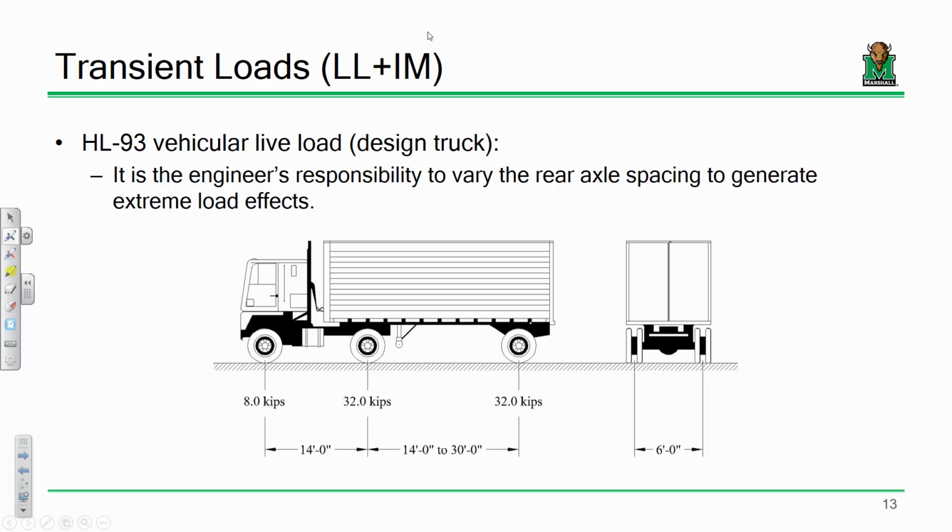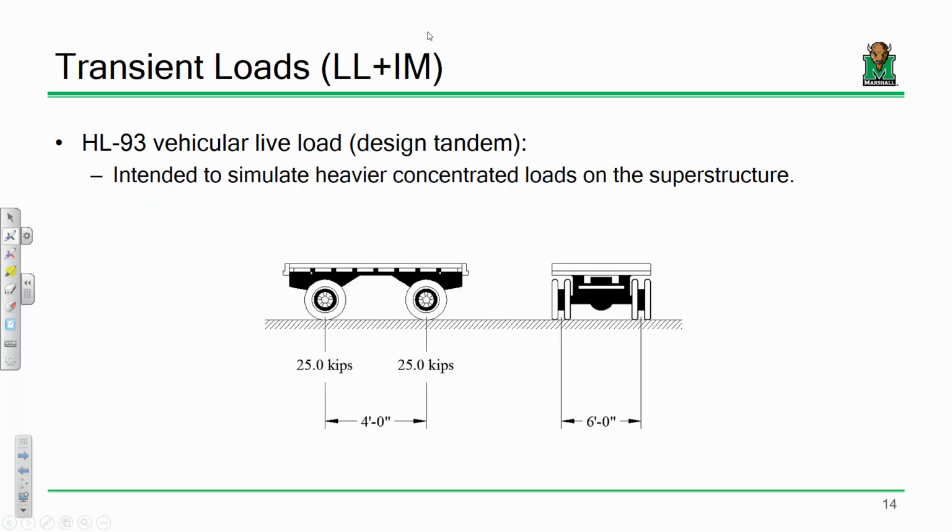Sound good? Okay. Now, the tandem load is meant to simulate some heavier concentrated loads on the superstructure, and that's just two 25 kip axles that are spaced 4 feet apart. When you look at truck loads and tandem loads on, let's say a simply supported beam, you're basically just going to take the worst case effect.